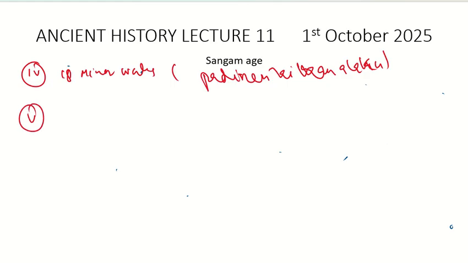Fifth, it talks about the five epics. The five epics. What are these? The five great poems of Sangam literature. It refers to Jivaka Chintamani.